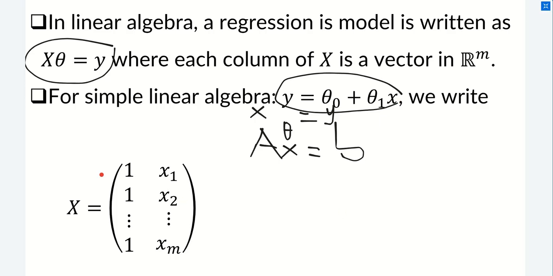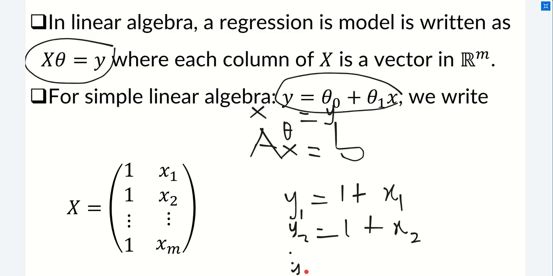If you want to write this, you can have y1 equal to 1 plus x1, then y2 is equal to 1 plus x2, and you go all the way to ym equal to 1 plus xm. If you put it in the matrix, that is what we have over here.